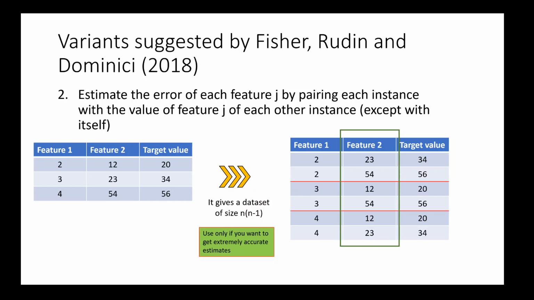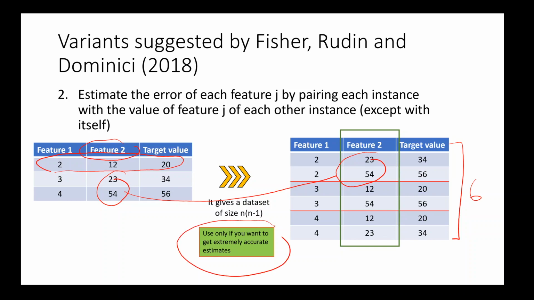For example, in the figure, if we take the first instance and work with feature 2, we pair it with each other instance's values and create new records for the new dataset, except itself. If we do that with all records, we will end up with a 6-size dataset. This variant is suggested only if the estimates are desired to be very accurate, because it can use a lot of computation time.